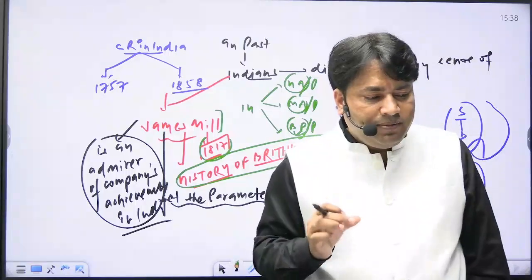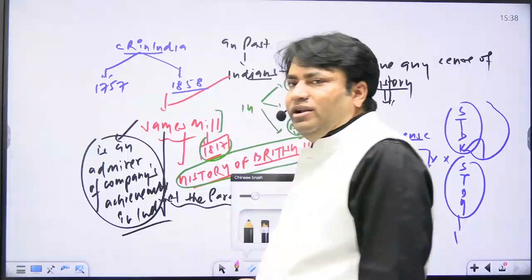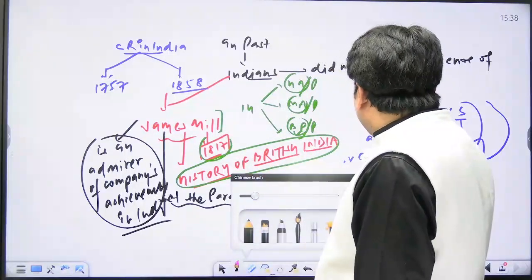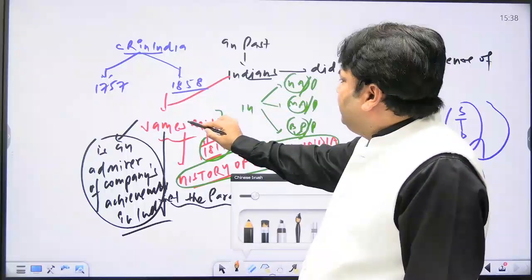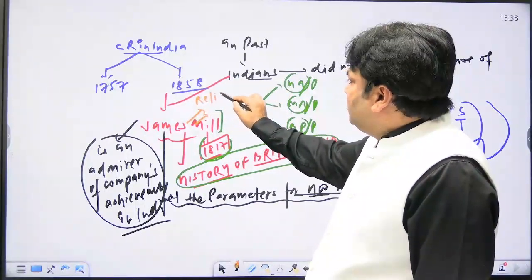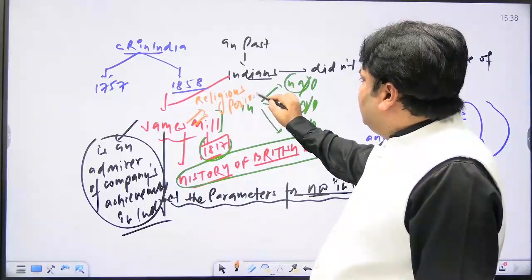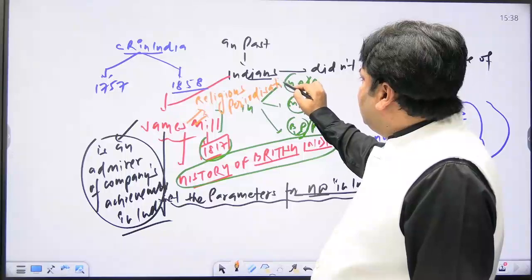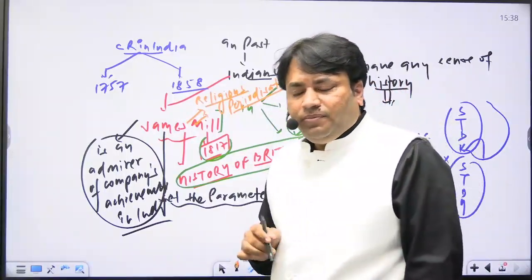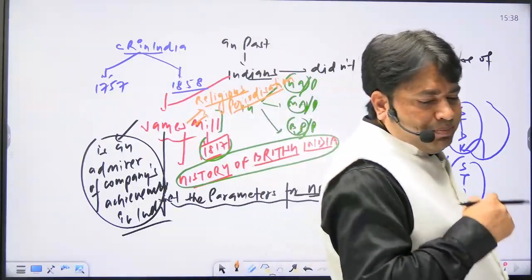So this is a kind of periodization that is done on religious lines. James Mill is doing periodization of history on religious lines, and that is why this is called religious periodization.